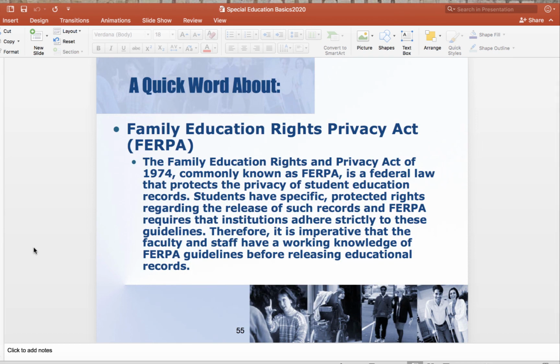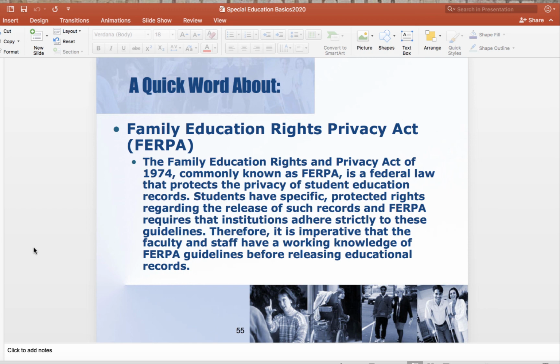Finally, a quick word about FERPA. FERPA is the Family Educational Rights and Privacy Act. All educational records are housed and kept confidential under FERPA, not HIPAA. And you must get consent from parents if you're sharing records with people that do not have an educational need to know within the educational setting of the child.